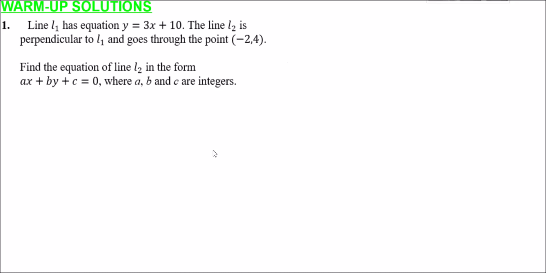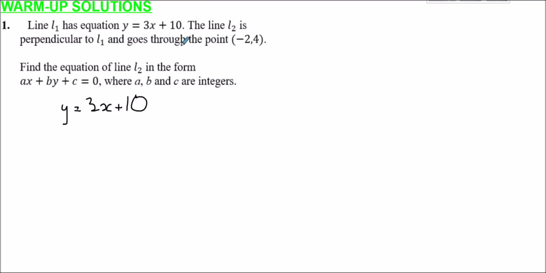So the first thing I would suggest we might want to do is just think about L1 first of all. So L1 obviously has equation y equals 3x plus 10. This writing tablet's going a bit weird sometimes on me. Y equals 3x plus 10.